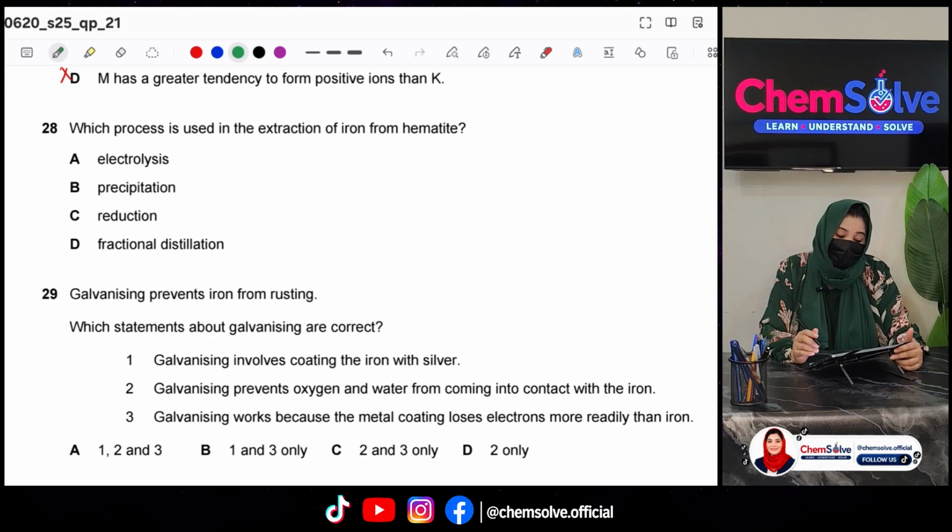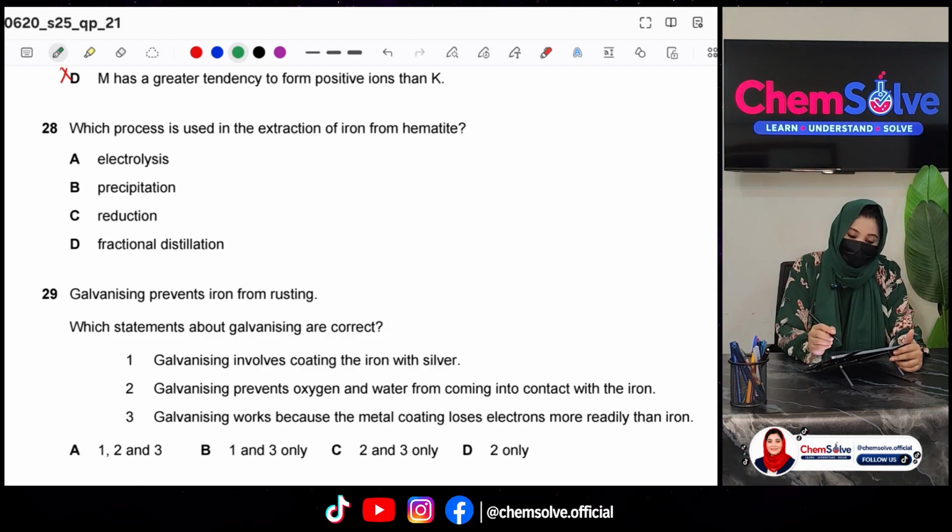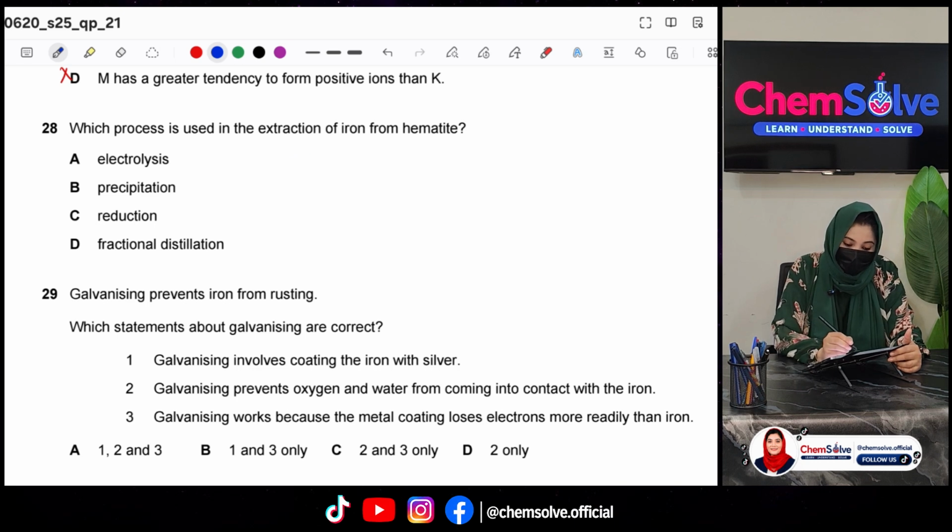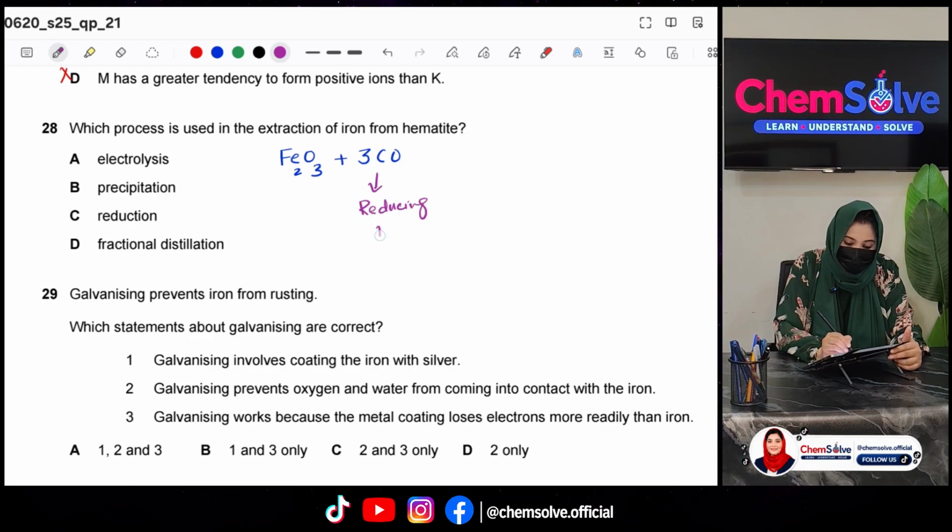Which process is used in the extraction of iron from hematite? Okay, so what happens? Just recall your concept of the blast furnace. Actually, we have hematite here, that is Fe2O3. It reacts with carbon monoxide, that is the reducing agent here.